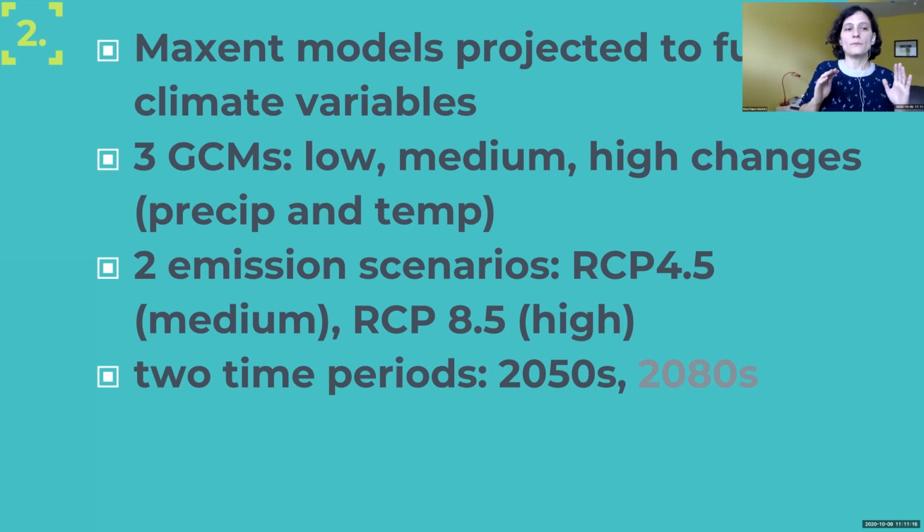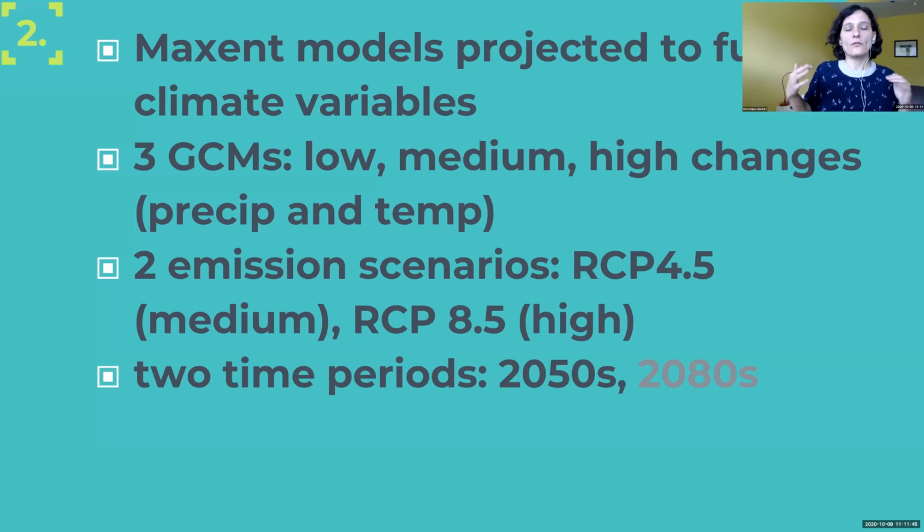The moderate emission scenario assumes that the world, the society as a whole, will implement changes and will work towards reducing emissions from where we currently are, versus the high emission scenario, which assumes that the society as a whole doesn't do much, and we continue the output and the growth that we have currently.